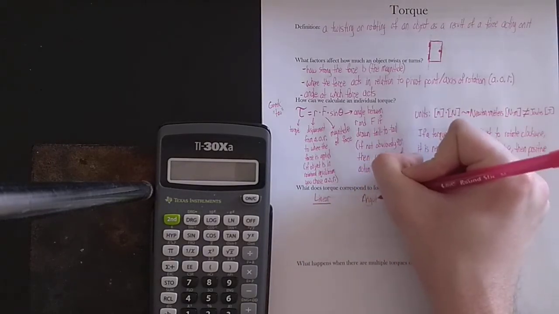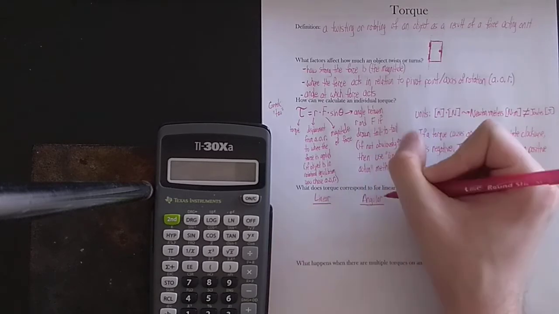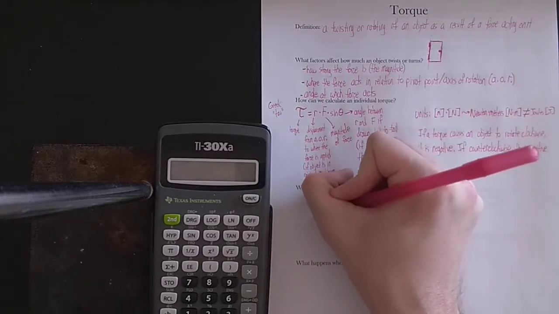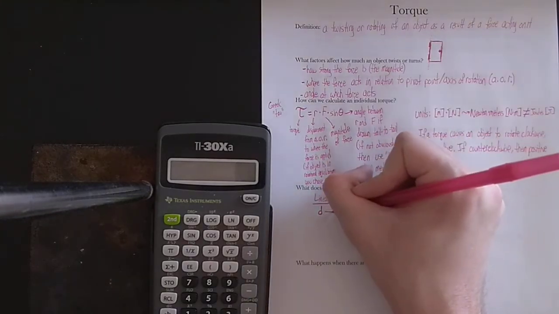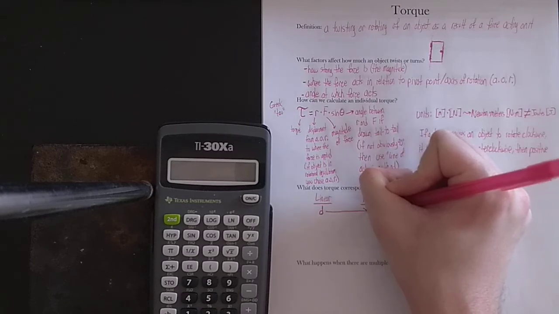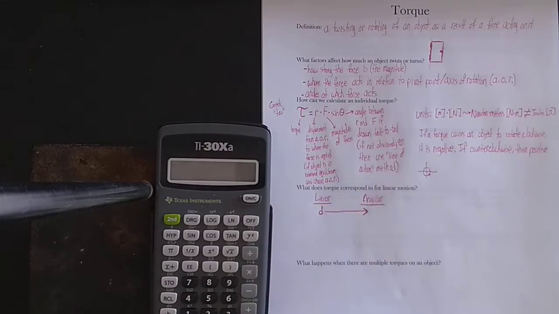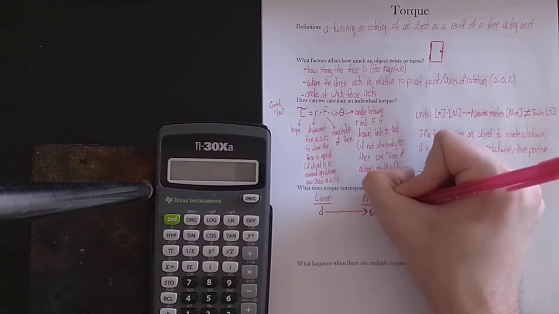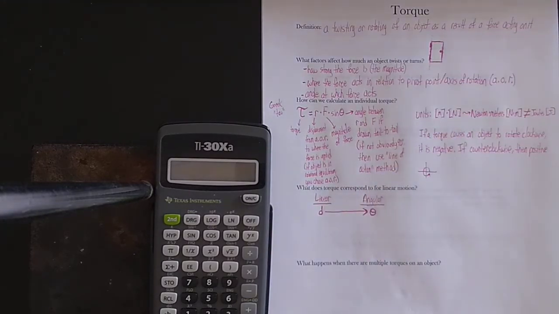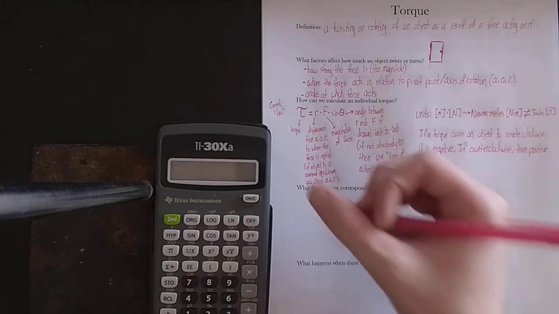So for example, in linear motion, D stands for displacement or distance. It measures how far something has traveled. In angular motion, we don't care about how far something has traveled. We care about how far something has rotated, how much of an angle it's rotated through, or the angular displacement. And the symbol for that is theta.